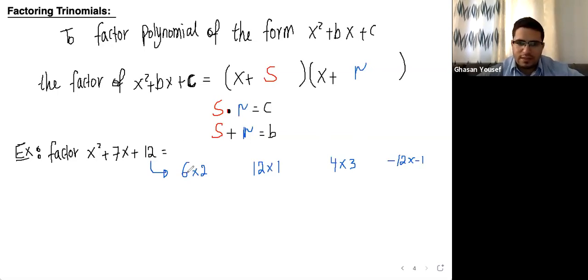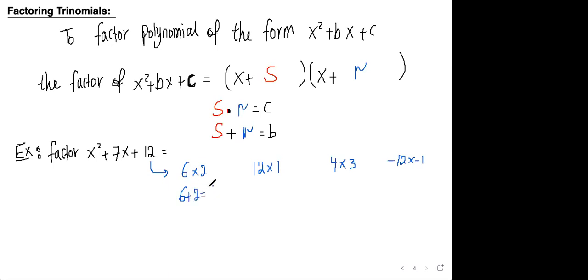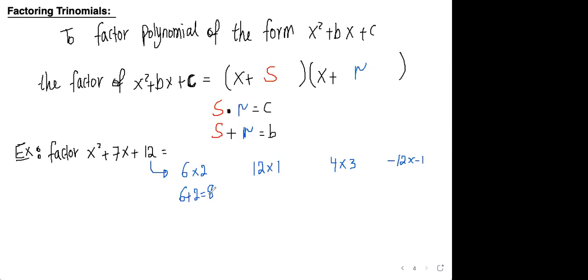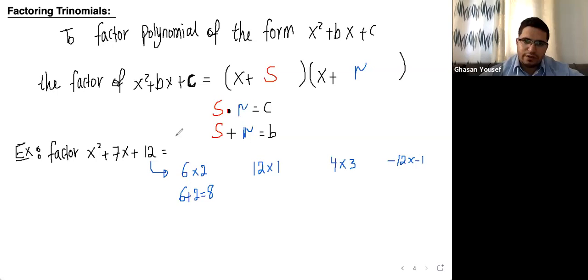Now, what's the summation of 6 plus 2? 8. Is the 8 the same as b? My b here is 7, and here I get 8, so this will not work for factoring.